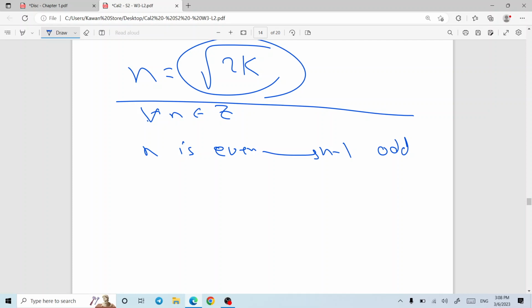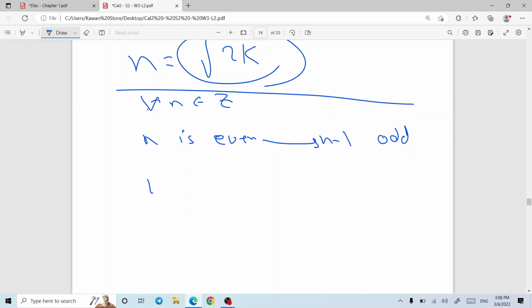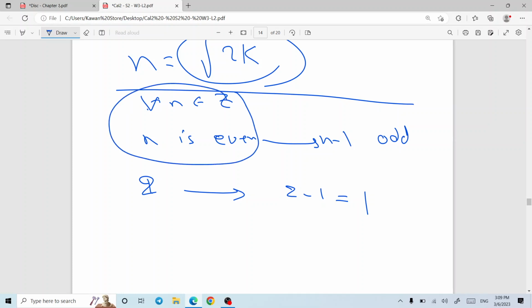Think about it. Yes, 1. Is 1 even? No. 2 is even, right? So 2 minus 1? Odd. Still odd. Give me one number which satisfies this condition but makes the statement false. Yalla.